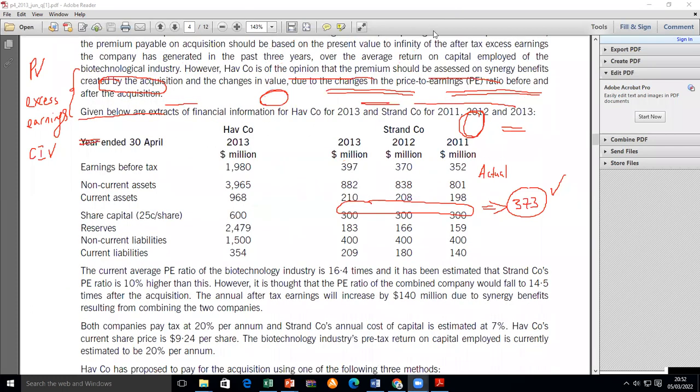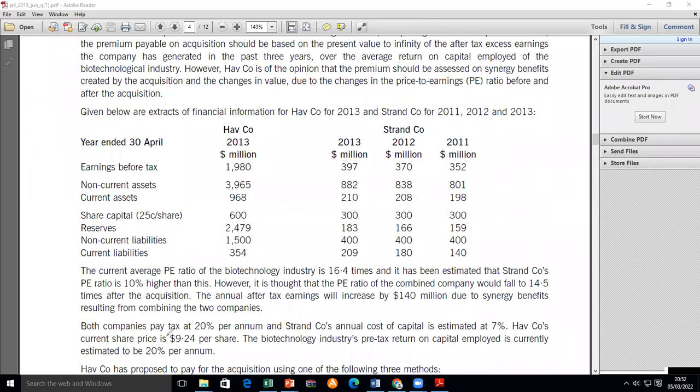Where is the capital employed figure? It's below there, 20%. The biotech industry pre-tax return on capital employed, so the pre-tax return is 20% on capital employed.